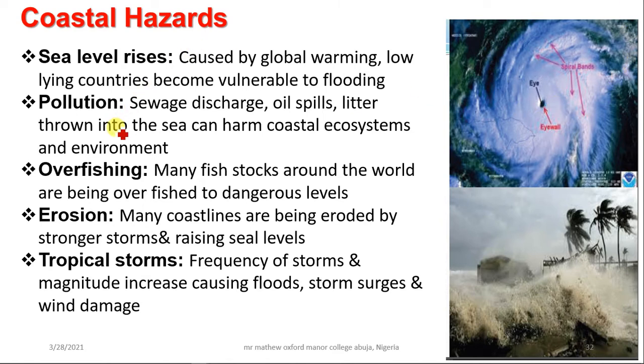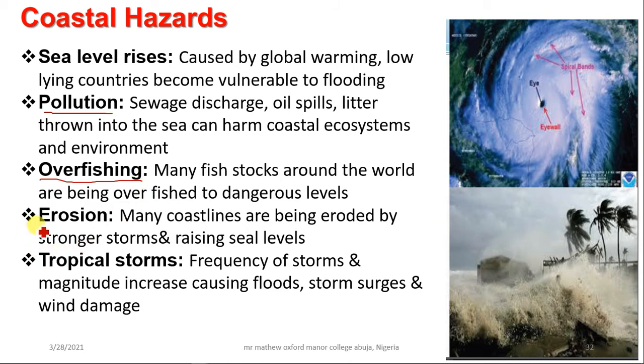So countries that are low-lying, because of the sea level rise, can actually be submerged. And pollution, sewage discharge, oil spill, litter thrown into the sea can harm coastal ecosystems and the environment, which is also a hazard. Now, overfishing. So many fish stocks around the world are being overfished to dangerous levels.